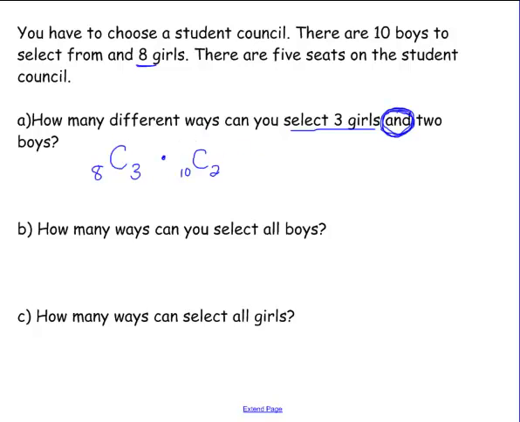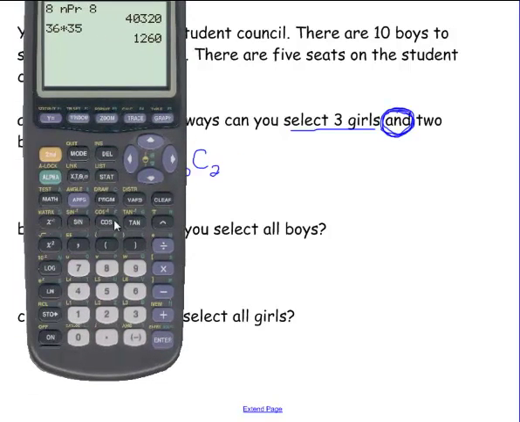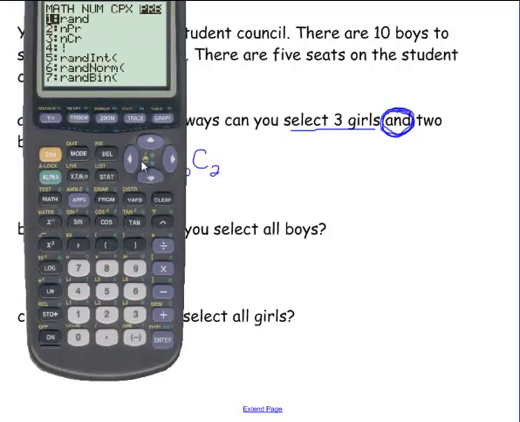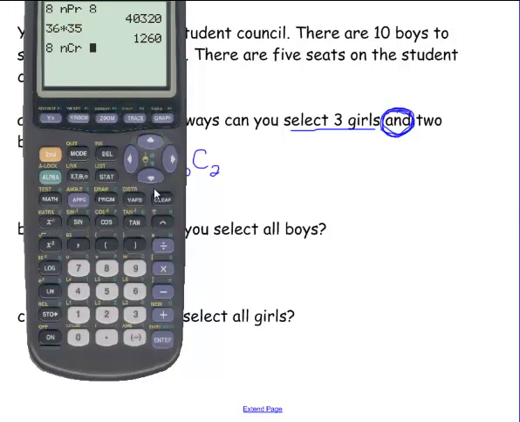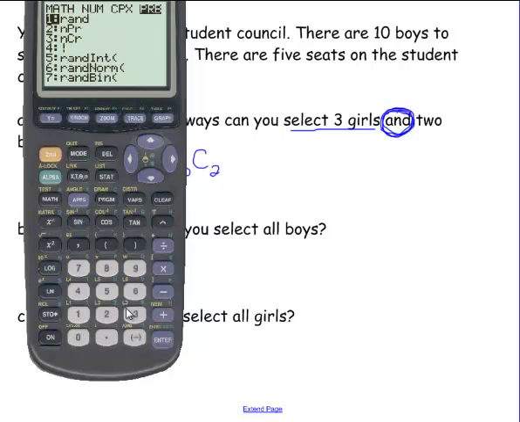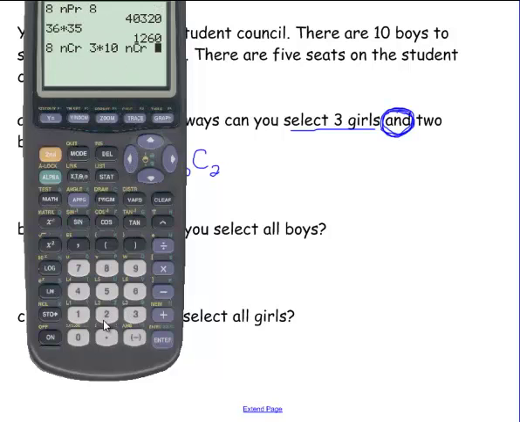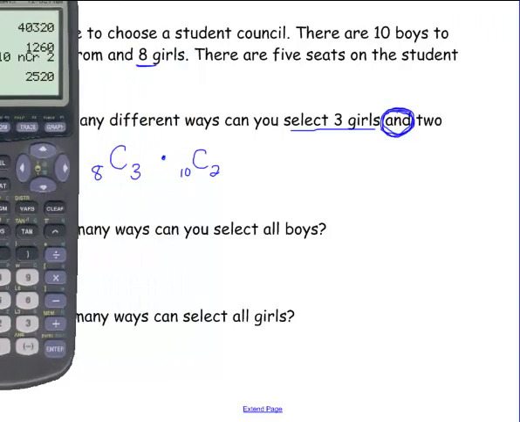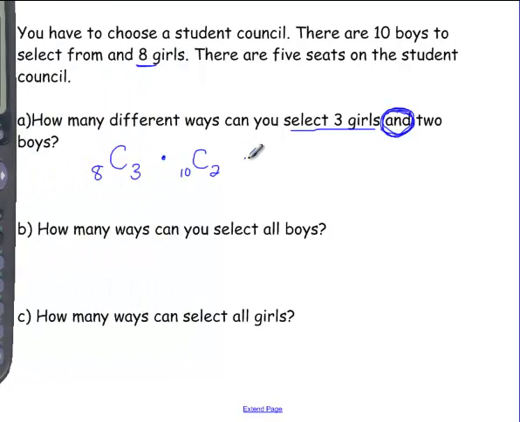It does not mean to add. It's backwards in probability. So 8C3 times 10C2 gets me 2,520 ways to select 3 girls and 2 boys from that pool.